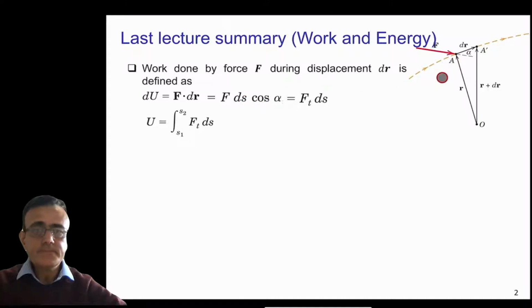And then we can see from this figure that F cos alpha is Ft, which is the tangential force, or force in the direction of the displacement, and then ds is the magnitude of this displacement here. In addition to this, we can write the total work, which is the integral of this Ft ds from s1 to s2 here.